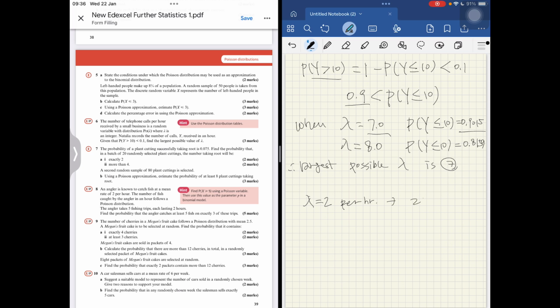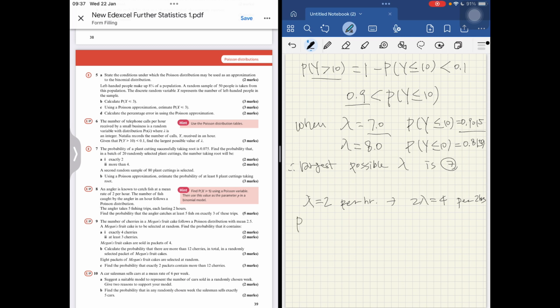So this means now lambda 4 per 2 hours. Find the probability the angler catches at least 5 fish on exactly 3 of these trips.